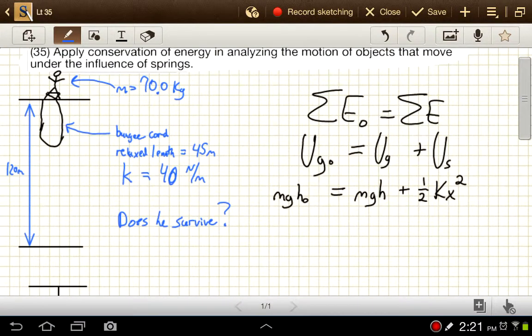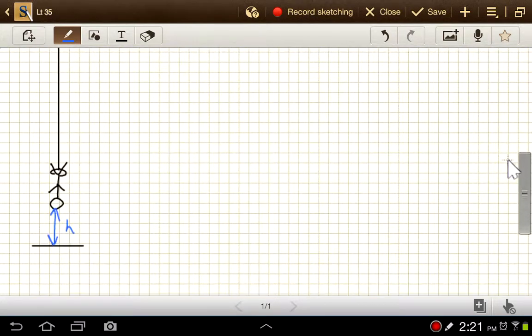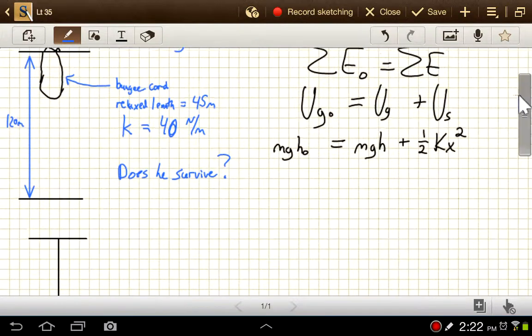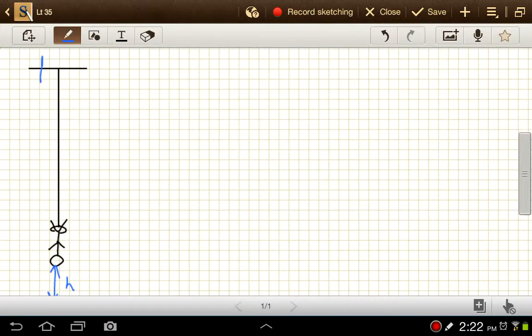And then, K is given to us here, the spring constant for this elastic rubber band. And then x, the distance stretched. Well, I don't know that one either. But I do know that this bungee cord is 45 meters long when it's relaxed. So I could think of some distance here as being 45 meters.